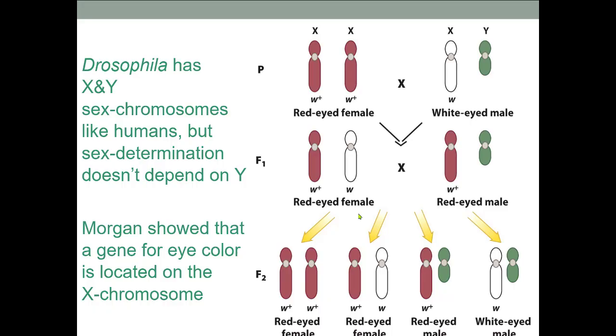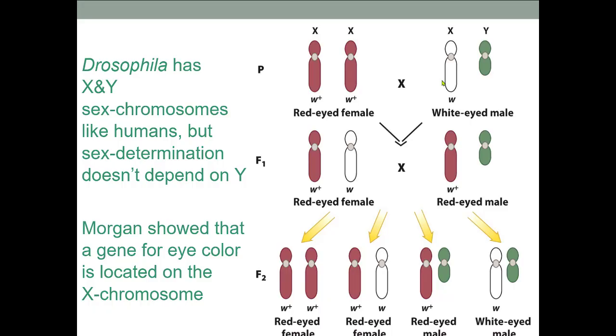Fruit flies, like humans, are an XY sex-determining organism. So when the organism has 2 X chromosomes, we call that a female. When it has an X and a Y, we call that a male. Other organisms maybe do this in a different way. We'll talk about those later, but this is how fruit flies work.